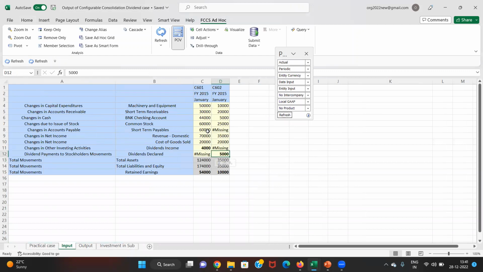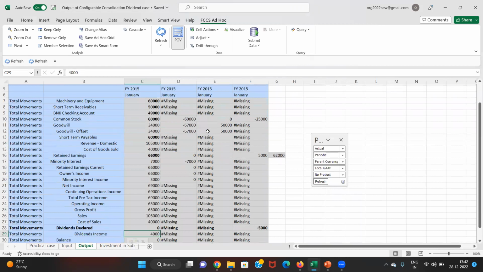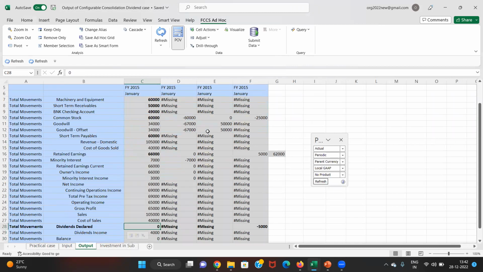It got rolled up and subtracted from the retained earnings and showed us the results. However, when we are running the consolidation rule, it is not rolling up the 5,000. Ideally, it should have rolled up the 5,000 here, and then we would have gotten the desired results.